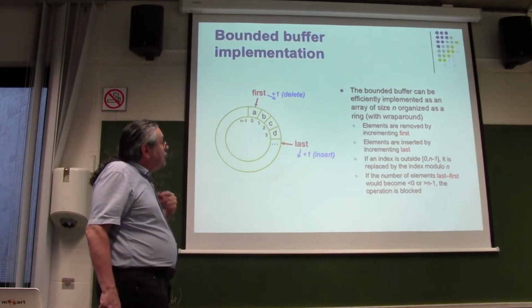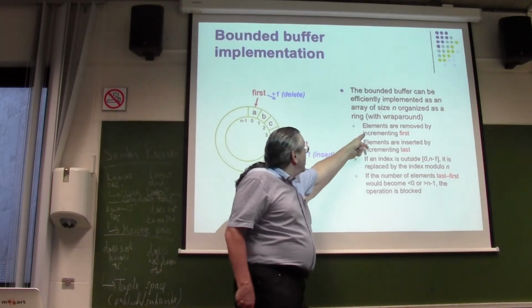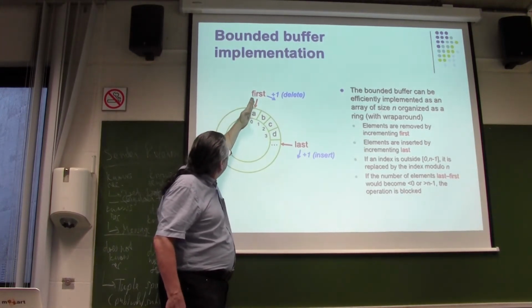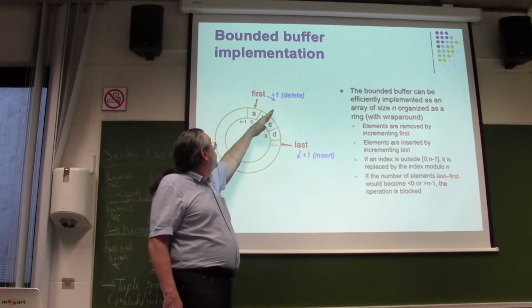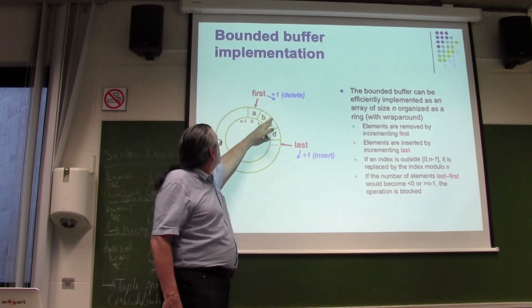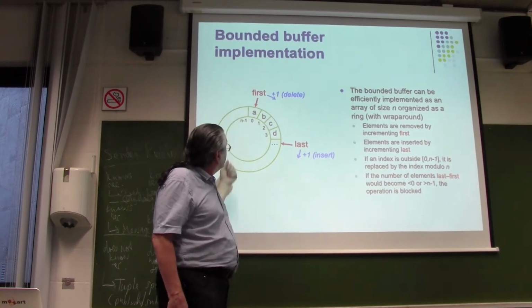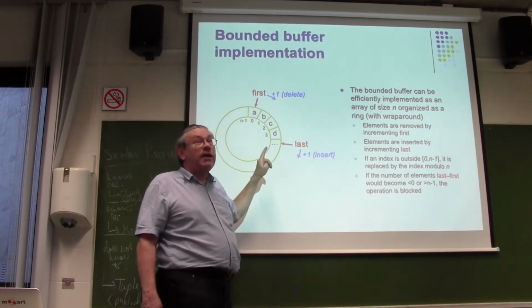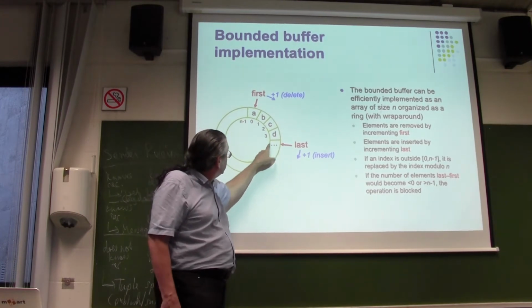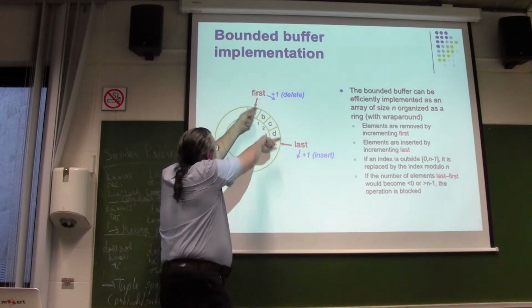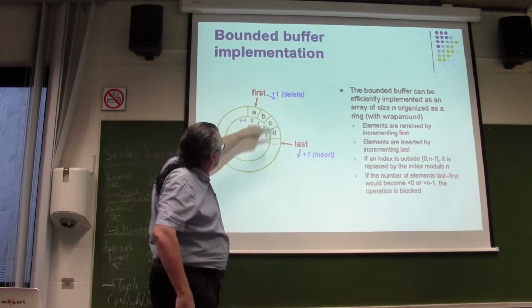Okay. When I do a get, I use first. So a get will get A, and then it will increment the first pointer to point to B. So I remove A, B, C, okay? And the last is for adding elements. If I add an element, I put it here, and then I increment the last. So you see, the whole thing is going to be going round and around, in a sense.